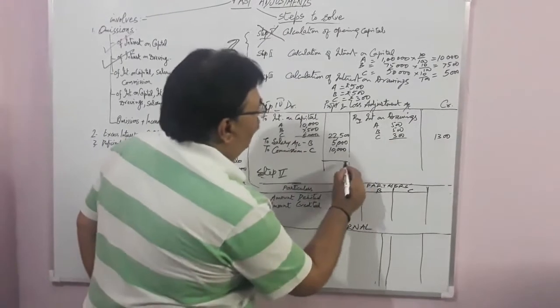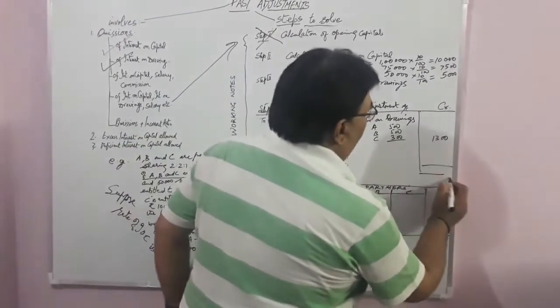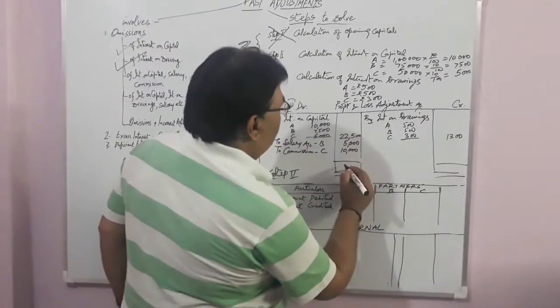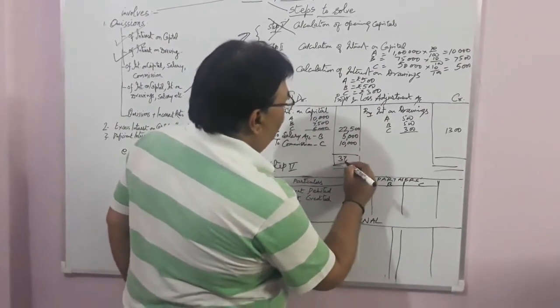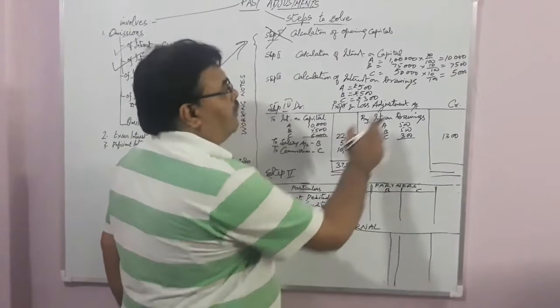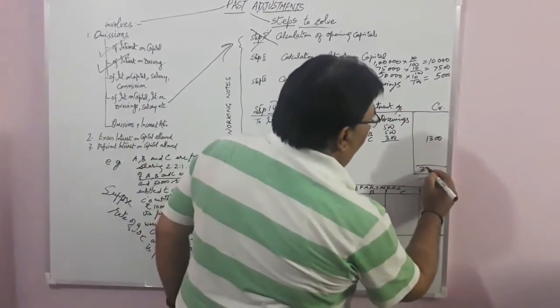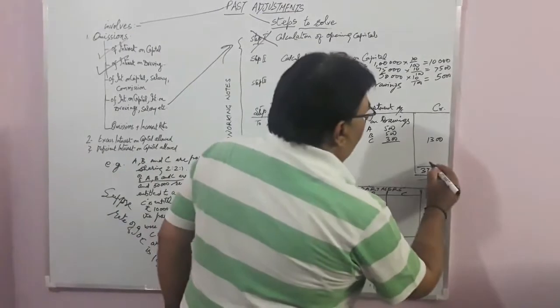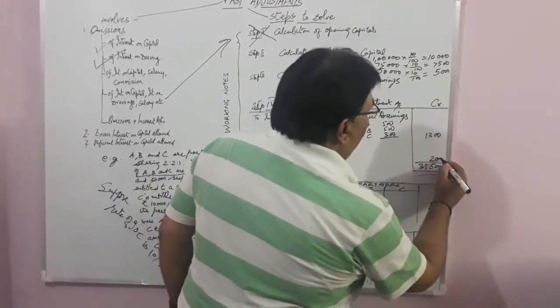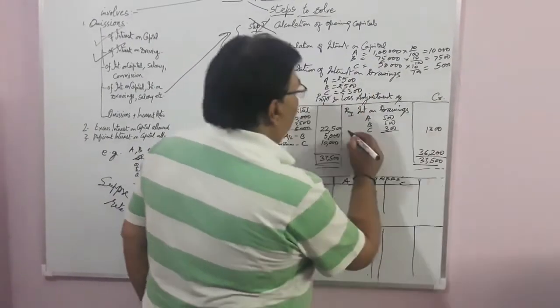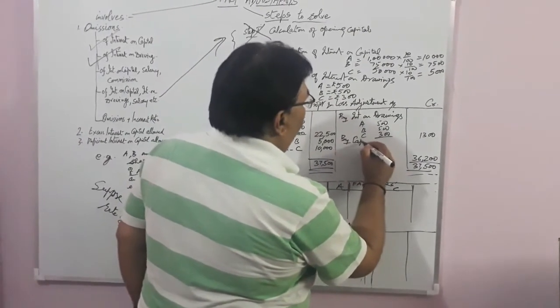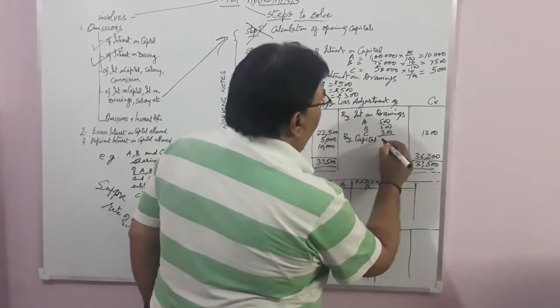Now I am going to close it because I have performed all the omissions here. The total of the debit side is 37,500, which is greater than the credit side. So I will write down 37,500 on the credit side also, and the balance is 36,200. This is the loss which is incurred by the partners in their profit sharing ratio.